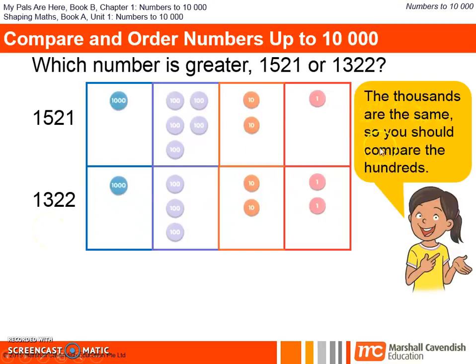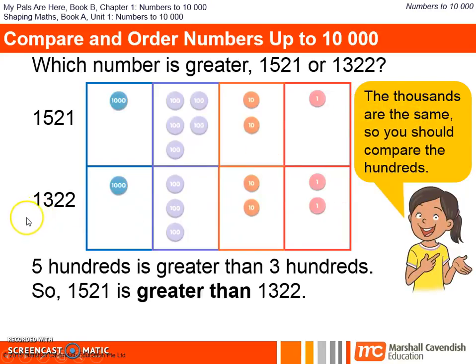So the thousands place are the same, you're right. So now we are going to look at 500s being greater than 300s. So therefore, 1521 is greater than 1322 by comparing the hundreds place, because the thousands place is the same.